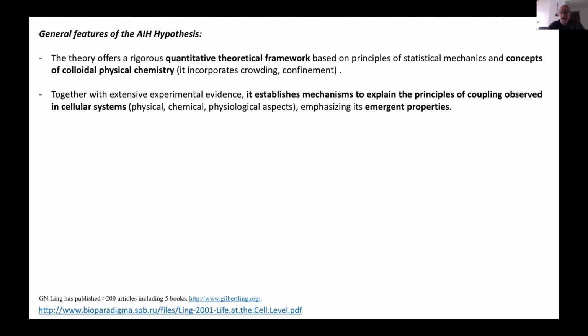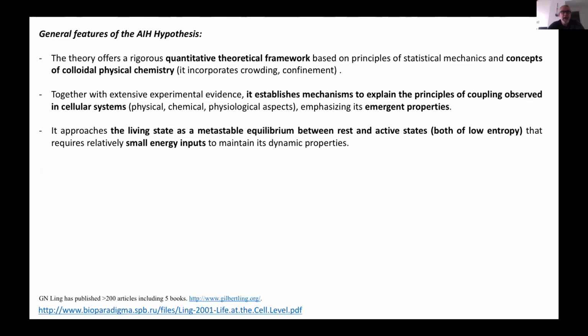There is a large body of experimental evidence done by several groups in the 60s and the 70s, and it essentially established mechanisms that explain coupling observed in cellular systems, for example, between physical properties, chemical properties, and physiological aspects. And of course, it emphasizes the emergent properties, right?